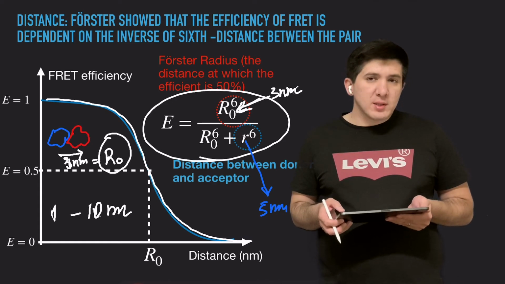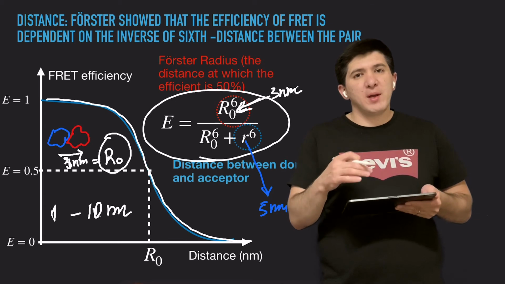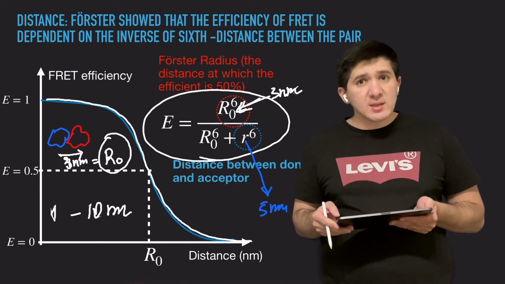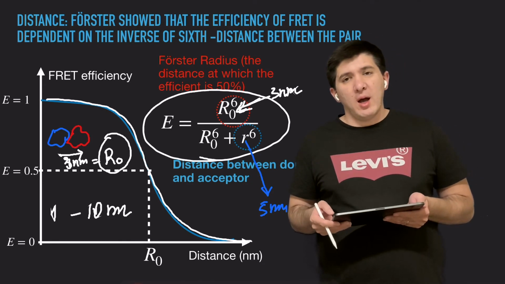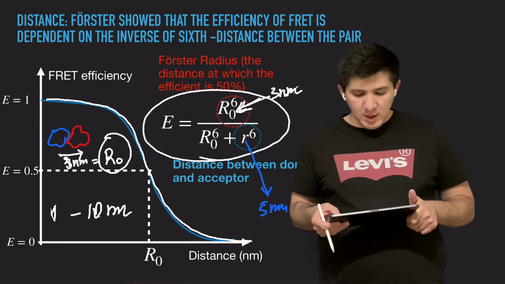So this is about the two things which will affect the FRET. Essentially, the overlapping region, and the distance will also affect the efficiency of the FRET.